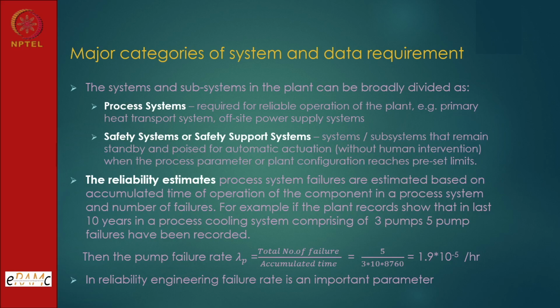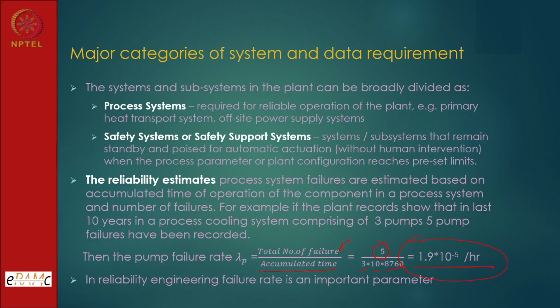Here the total number of failures is 5, and the accumulated time is 3 pumps, a 10 year period, and 8760 hours in 1 year. So I get an estimate of pump failure rate of 1.9 into 10 to the minus 5 per hour. Don't you think it is a very valuable estimate that you have obtained?